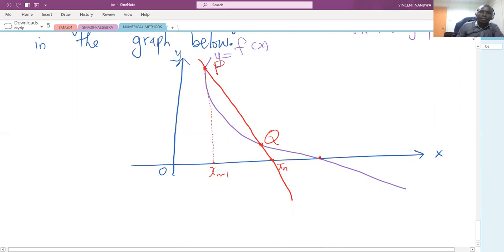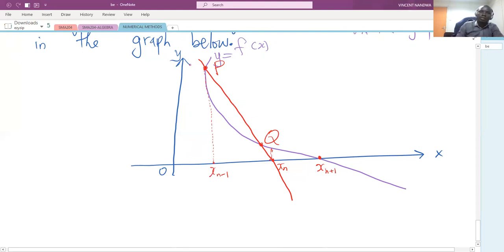I'll let the point where the graph meets the x-axis be xn plus 1. So this line PQ is such that this point xn can actually be read from the graph. And then at this point, we can also read the value of the function from the graph.